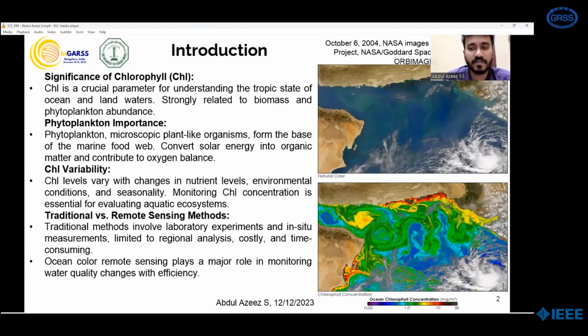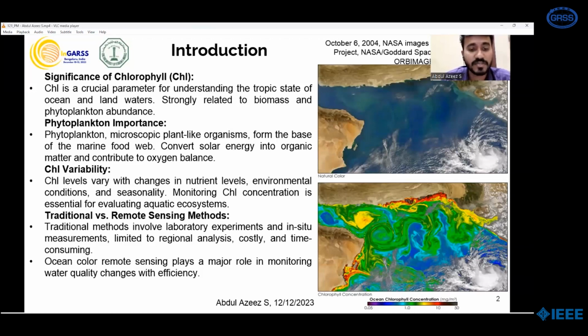So during that time, we can only concentrate on the retrieval of chlorophyll using satellite images. You can see on the right side the natural color and the chlorophyll concentration retrieved from the SeaWiFS project, and you can see a big patch of chlorophyll concentration in the Arabian Sea.